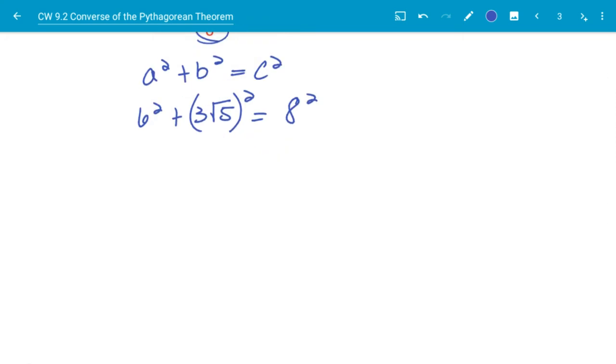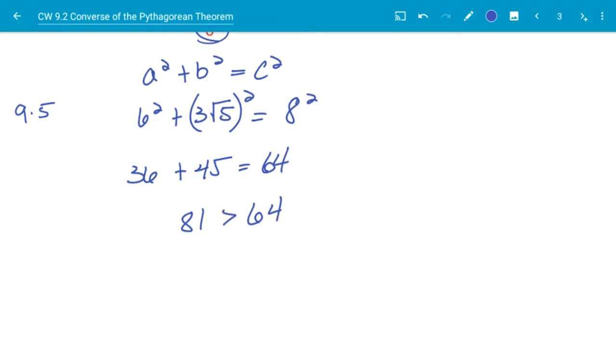So 6 squared is 36 plus, now 3 squared is 9. And the square root of 5 squared, as we've seen before, is the square root of 5 times the square root of 5, which is the square root of 25, which is 5. So 9 times 5 is 45. So 45 compared to 64. 36 and 45 is 81, and this is 64.